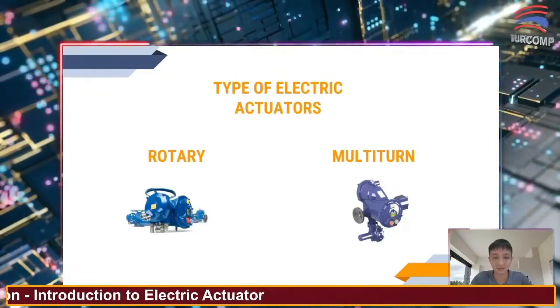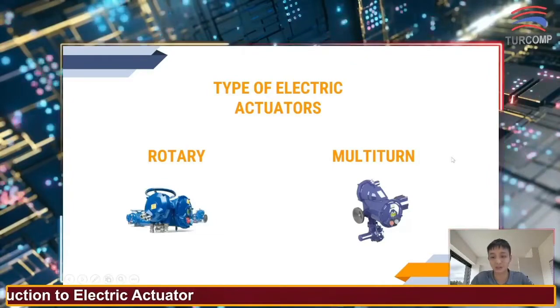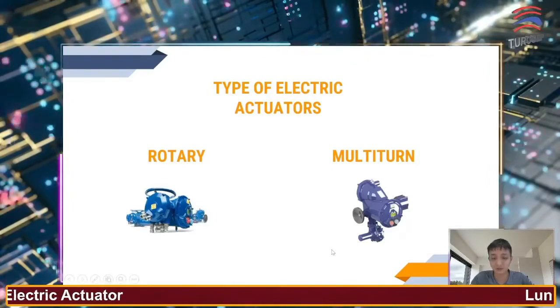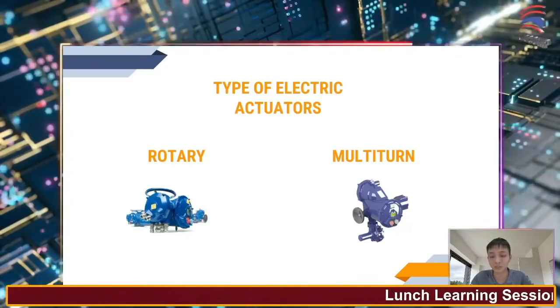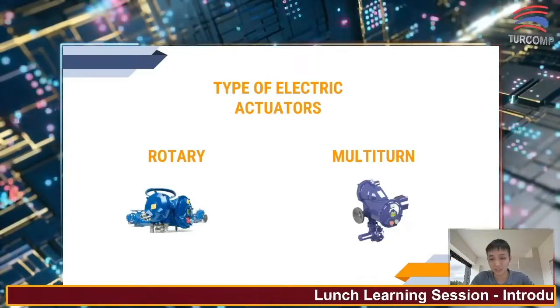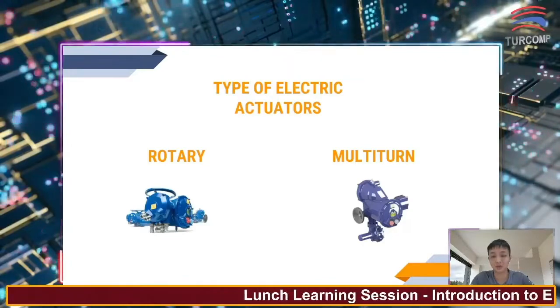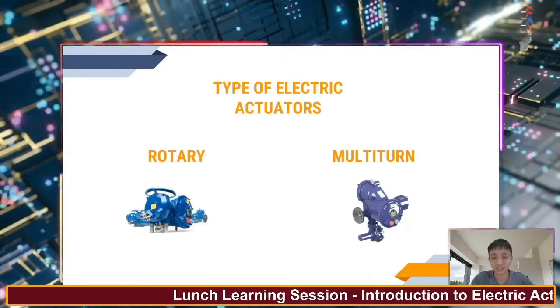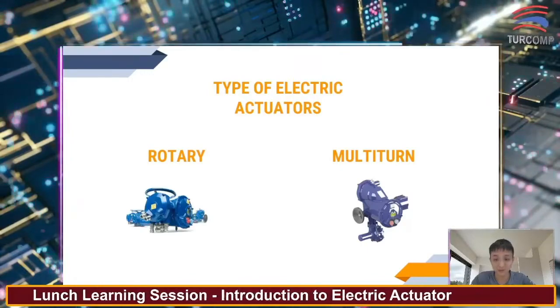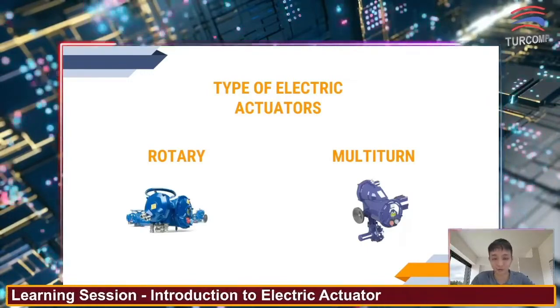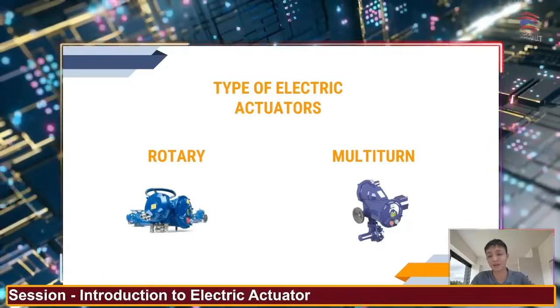And then the other one we call multi-turn. Multi-turn is also basically rotation, but it goes through multiple turns. This kind of actuator is commonly used for linear valves, for example a gate valve or a globe valve, which basically goes up and down.